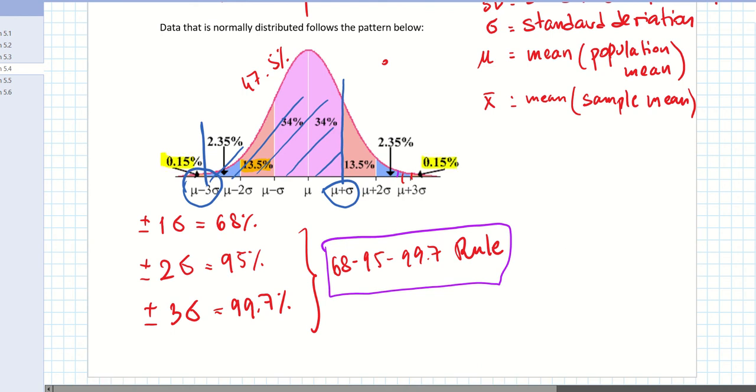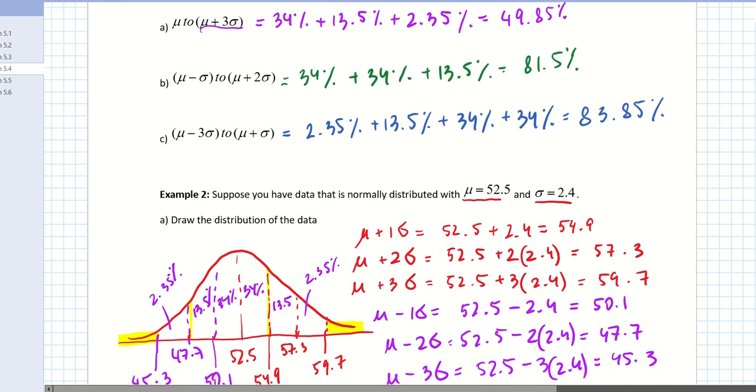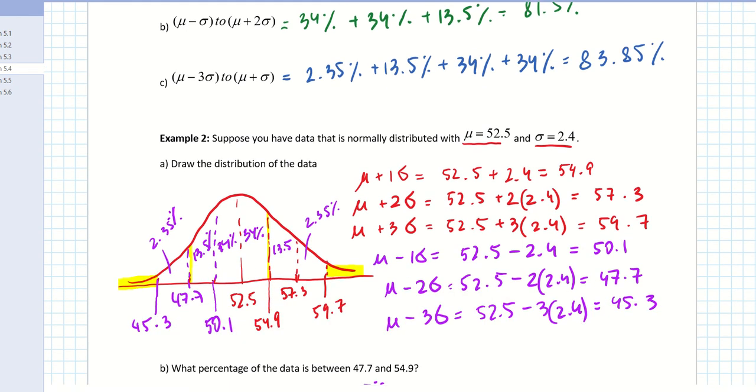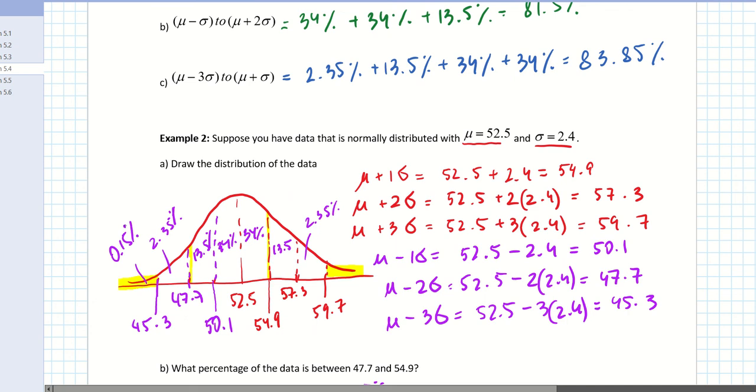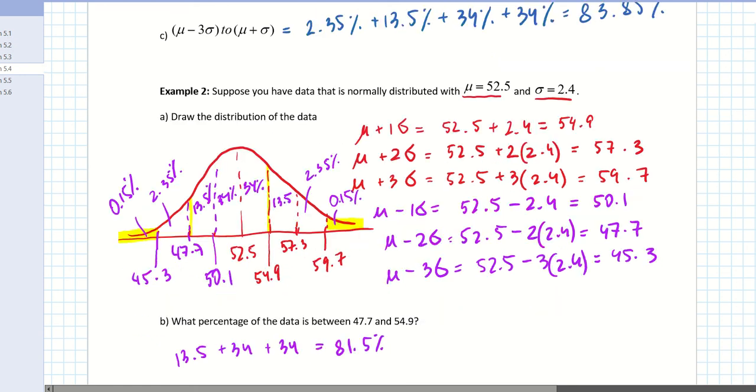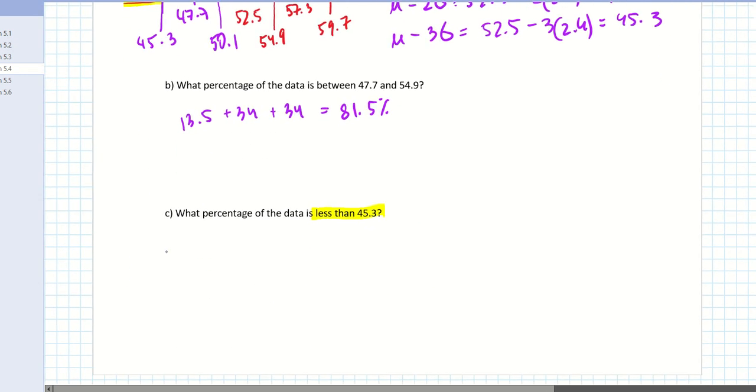So each area here corresponds to 0.15%. So we can add that to our diagram and say, well, we know that this remaining area is 0.15%. So is the area on this other side, which is also 0.15%. So to answer this question, you can say, well, it's just going to be 0.15%.